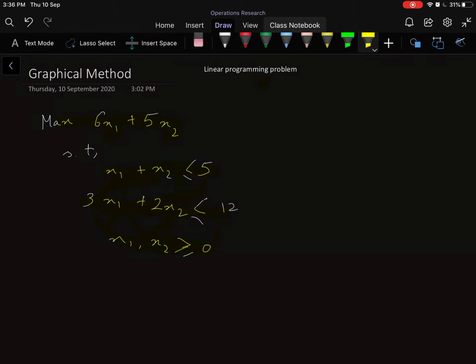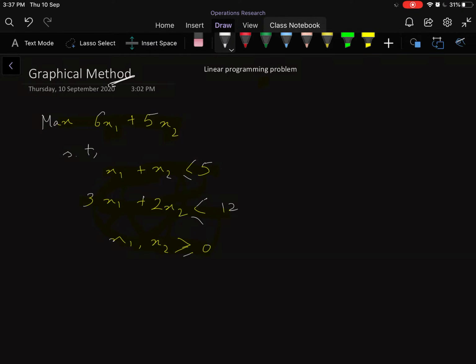Now when I say linear programming problem, I do not necessarily mean that they have to be solved using some computer language. Of course, they can be solved using any computer programming language like Python or Java or MATLAB or Scilab, any such thing. But in this particular lecture we would be focusing mainly on how to solve this problem using the graphical method and without using any computers.